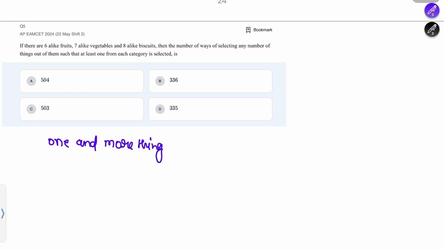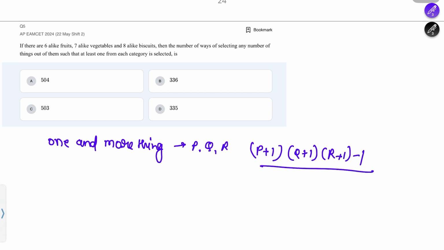There is a basic formula. Suppose p, q and r are given, then the formula is (p plus 1)(q plus 1)(r plus 1) minus 1. Given 6, 7 and 8, it is 6 plus 1, 7 plus 1, 8 plus 1 minus 1, which is the total number of ways of selecting one or more things. But each category must be selected, so we need at least one from each.